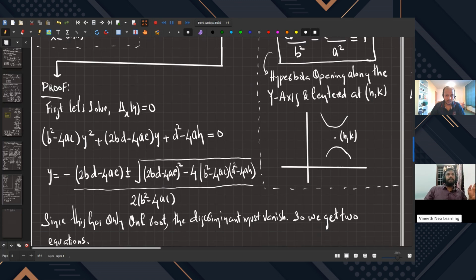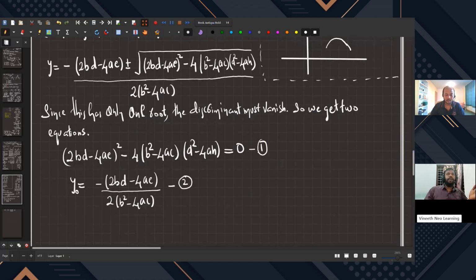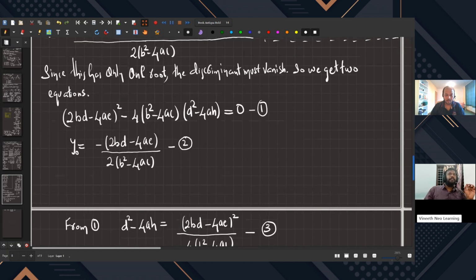Since it is a quadratic equation, for it to have a single root, its discriminant must vanish. So we are left with two equations. One is the solution, and the other is the vanishing of the discriminant. The vanishing of the discriminant equation is fully composed of constants.